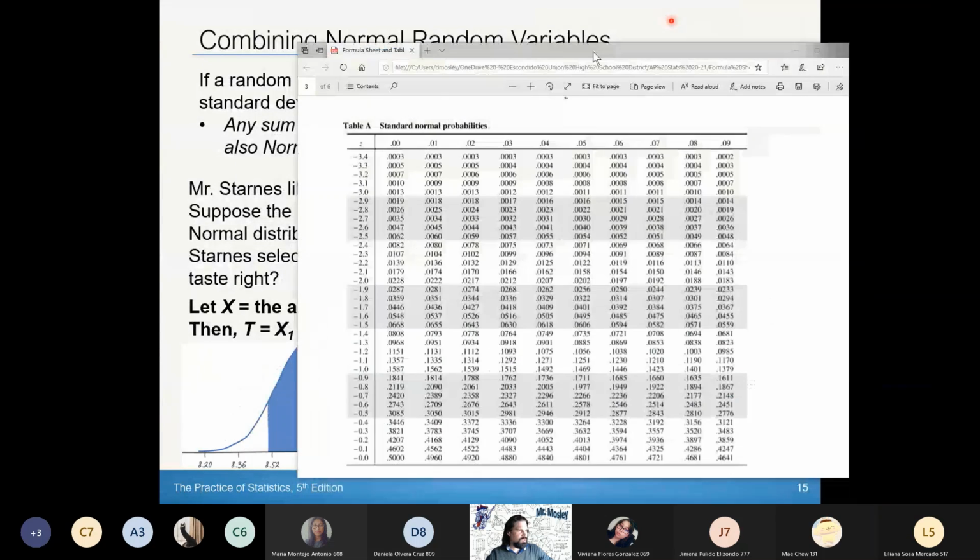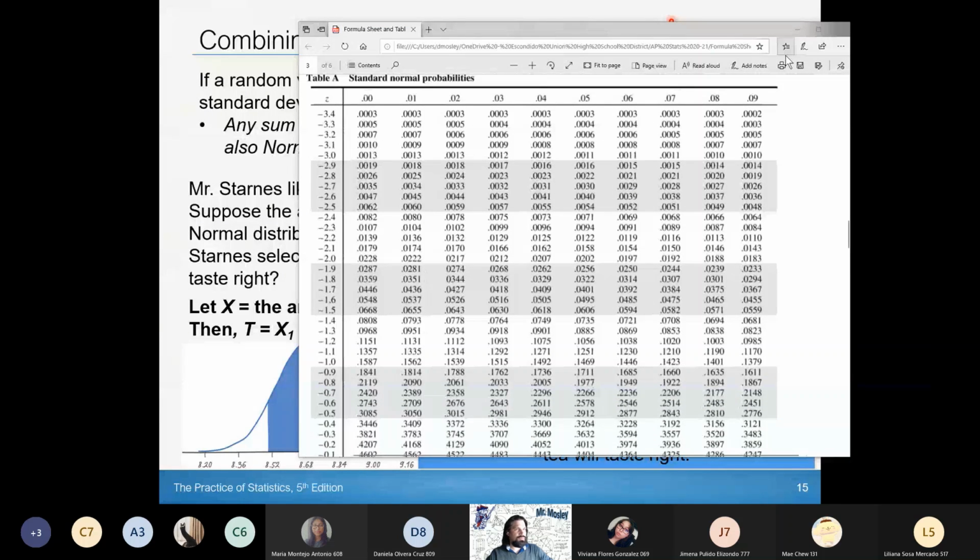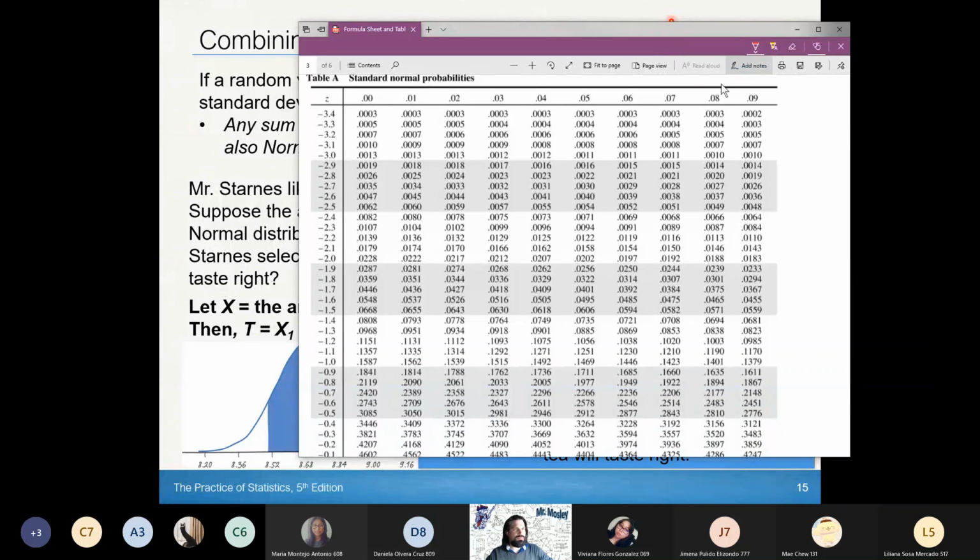Negative 1.13. So if we look at our table, we go to negative 1.1 right here. Then we complete the decimal 1.13 by going to where the 3 is, which is the 0.1292.